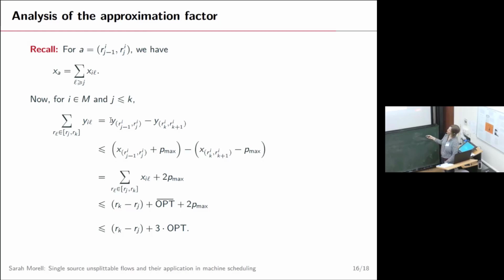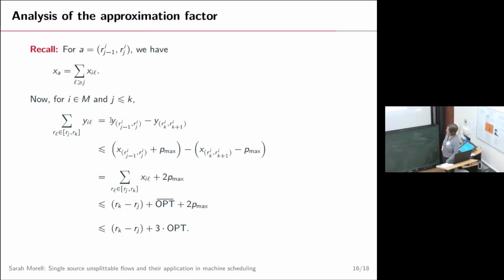So if we look now at all jobs summed up for the release time r_l being within r_j and r_k, it is actually the difference of the flow value on the arc R_{j-1} R_j within this copy of nodes, and R_{k+1}. I hope that this is clear. This comes just from the construction we've been using for our graph.